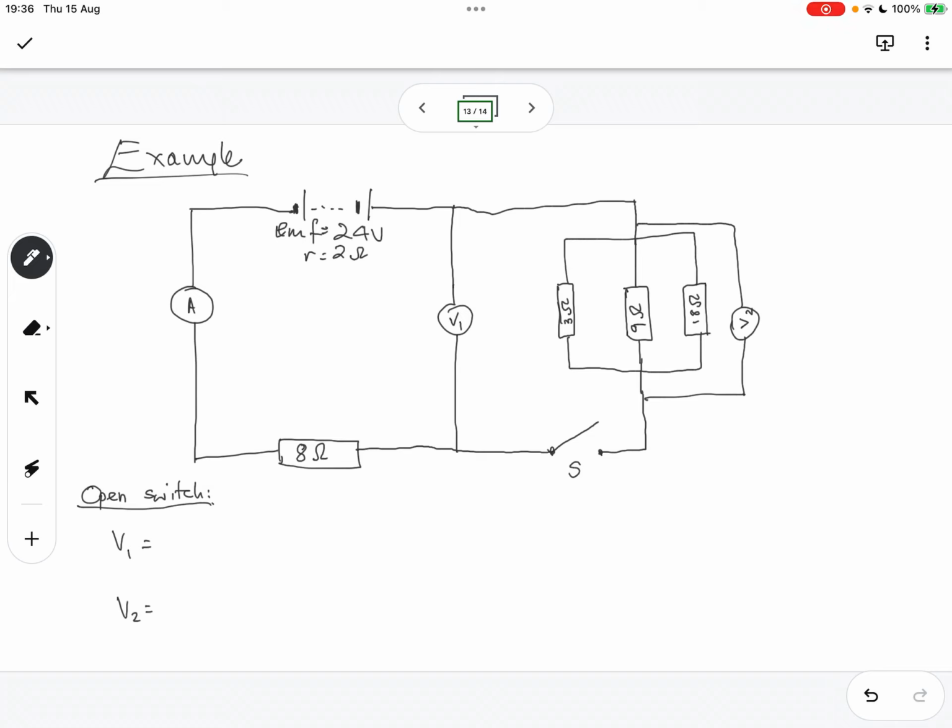What do you think it will be? Okay, take your time.